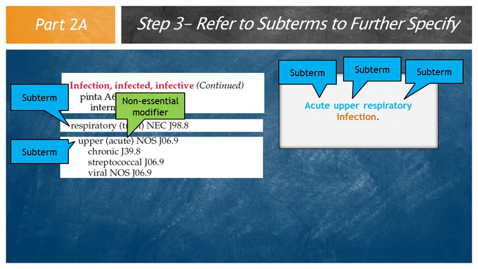Since the diagnosis from the case study stated the infection was acute, the entry upper acute is the best choice. Again, notice the word acute is a non-essential modifier that matches a term in the medical documentation. So in this case, it helps us identify the entry that best matches our diagnosis.